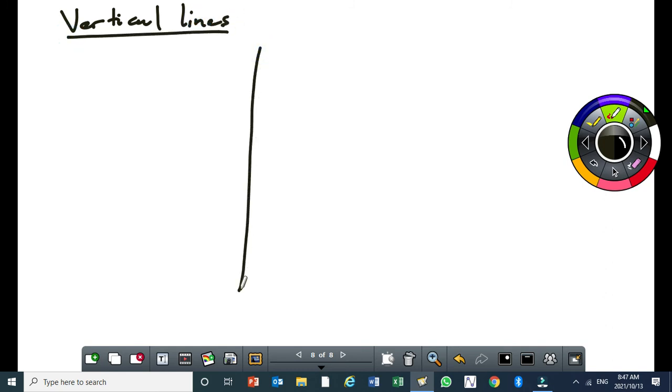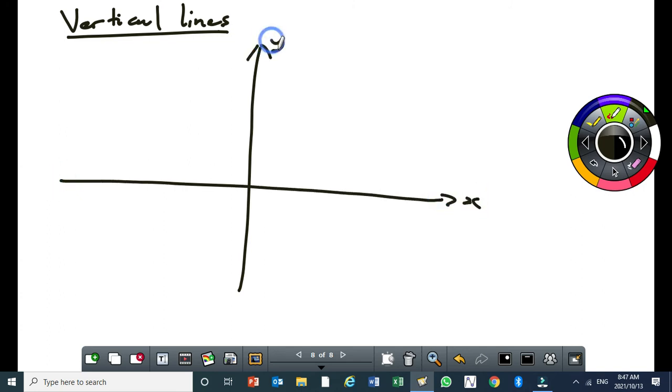If I draw a Cartesian plane and draw a line, before I carry on, first thing, by now we should know that the y-axis has an equation, and that equation is x equal to 0, right? It's a vertical line.